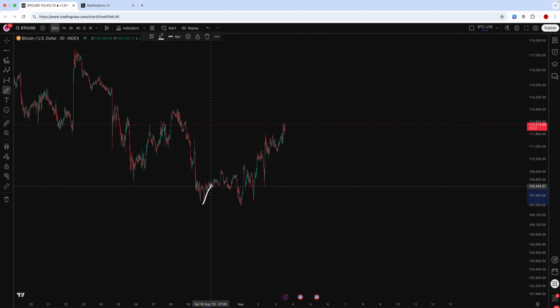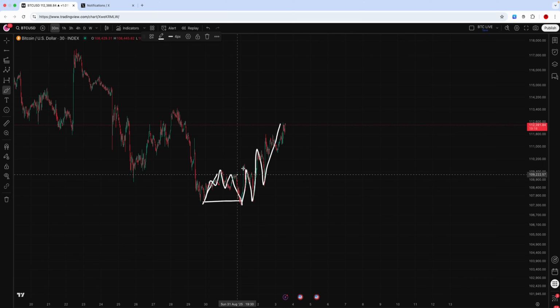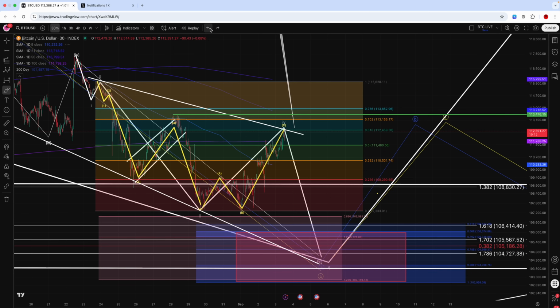You have your 3-wave move up. You have your 3-wave move down, and this leg slightly sweeps your A wave low, and then for your C wave, you have a 5-wave move in the form of an overlapping structure or even a rising wedge-like structure. So we have to be very cautious. We can't fully say the bottom is in. We need extra confirmation of that.